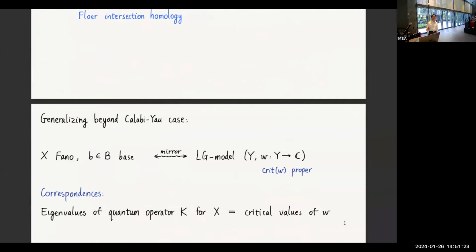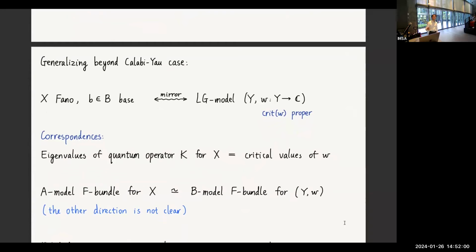Here, when we consider the blow up of a general variety, we also consider mirror symmetry beyond the Calabi-Yau case, where we have, let's say, X a Fano variety, and we choose a point little b in the base of our F bundle, and the mirror will be a Landau-Ginzburg model, which is a smooth variety Y with a potential W, such that the critical locus of W is proper.